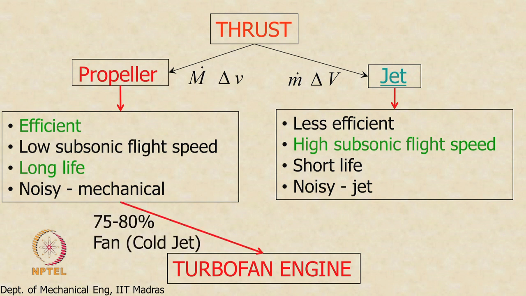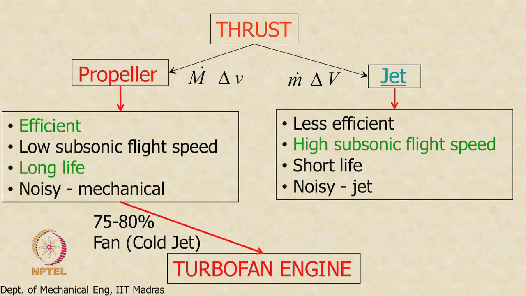Now, the turbofan engine actually combines the advantages of the propeller engines, in that the longer life and the efficiency come from the propeller mode. It generates about 75 to 80% of the thrust using a fan, which is very similar to a propeller, but not the same. So, 80% of the thrust is generated using cold air, which will definitely increase the life of the engine, because it is not exposed to high temperatures.